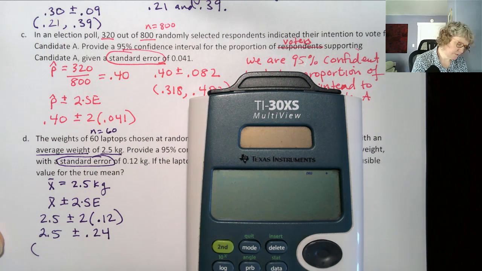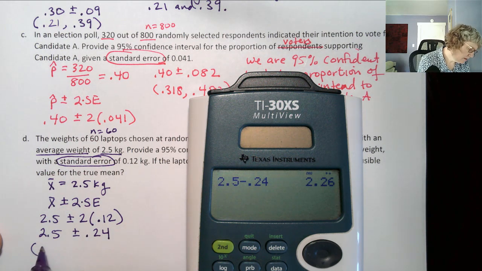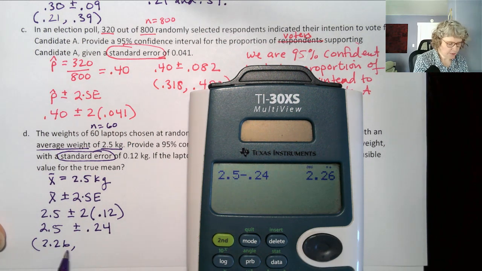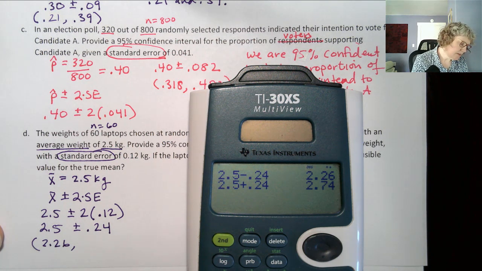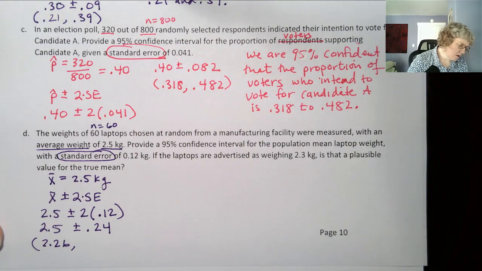So I need to save space for our other question as well. So 2.5 minus 0.24 is 2.26 kilograms. I also could put the kilograms in on each number in here. That would be fine too. 2.5 plus 0.24 is 2.74.